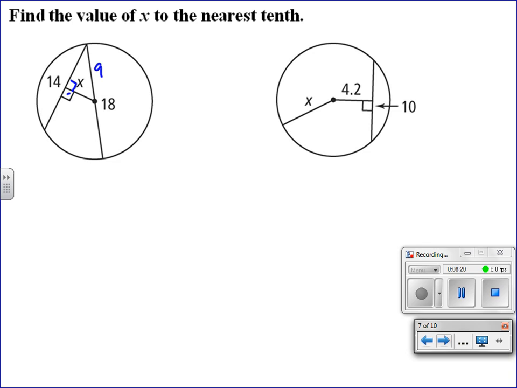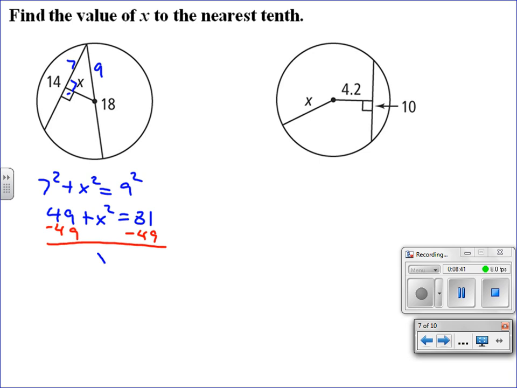And if this whole thing is 14, it's a bisector, this would be 7. So what can we use to find x? The Pythagorean theorem. So you have 7 squared plus x squared equals 9 squared. 49 plus x squared equals 81. Subtract 49. X squared equals 32. Square root.